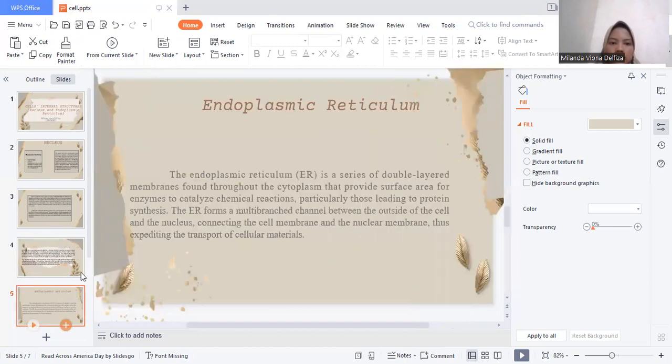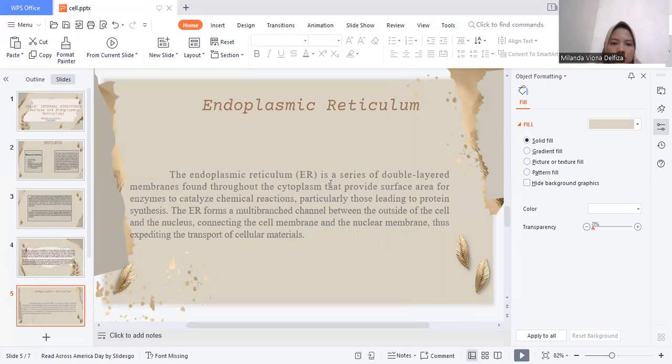The next is endoplasmic reticulum. The endoplasmic reticulum, or ER, is a series of double-layered membranes found throughout the cytoplasm that provide surface area for enzymes to catalyze cell reactions, particularly those leading to protein synthesis.